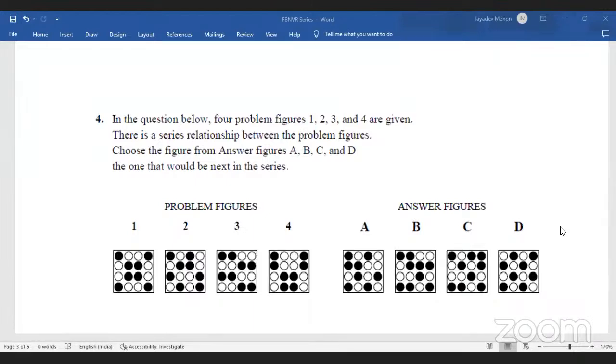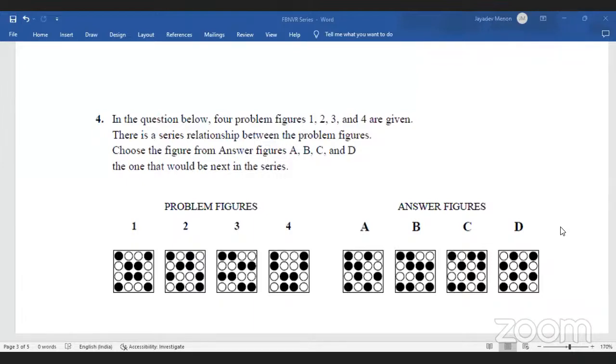Now coming to the answer figures, if you are looking at option A, the first column has 3 black circles. In option B, the second row has 3 black circles. Likewise the second column also has 3 black circles. In option C, the first row has 3 black circles.